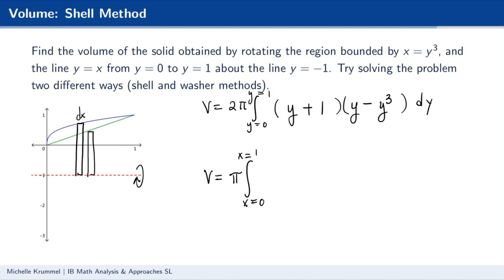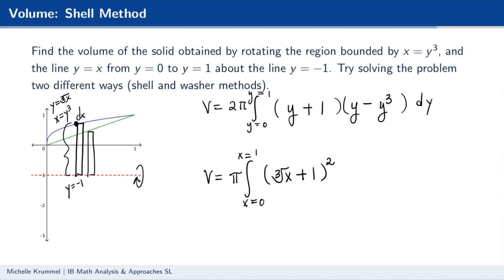So the outer radius squared, here I'm going for the top y minus the bottom y. The top y is x equals y cubed, so we have to solve that for y. If x equals y cubed, then y equals the cube root of x. And the bottom y is y equals -1. So top y, cube root of x, minus the bottom y, which is -1, squared.